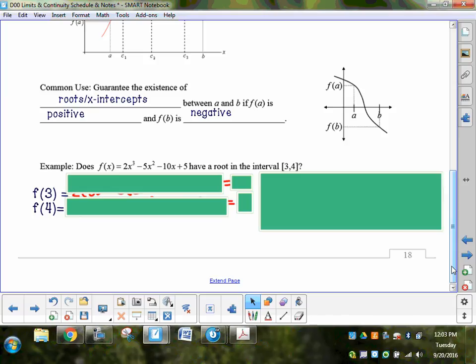Sam, let us know what you get for the function at 3. And Leah, when you get it, let us know what you get for the function at 4. You got negative 16, that's absolutely correct.